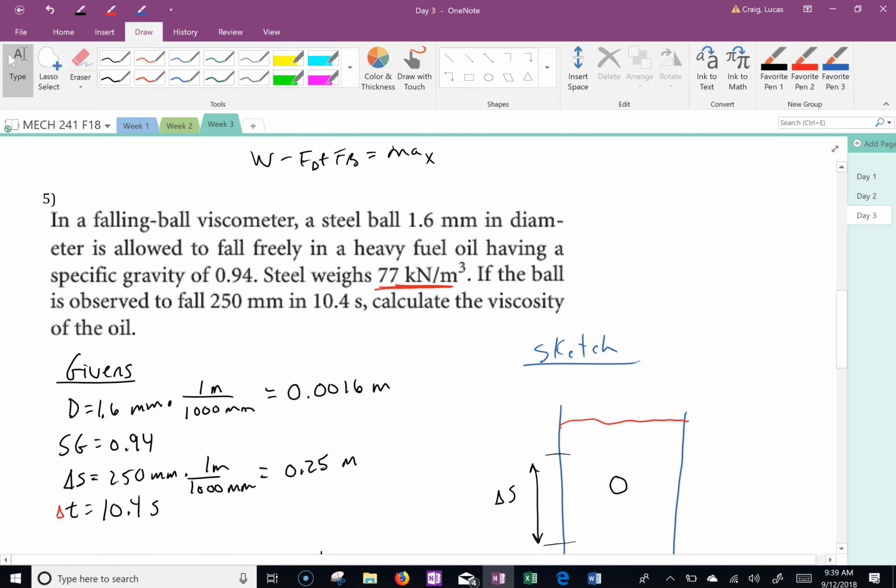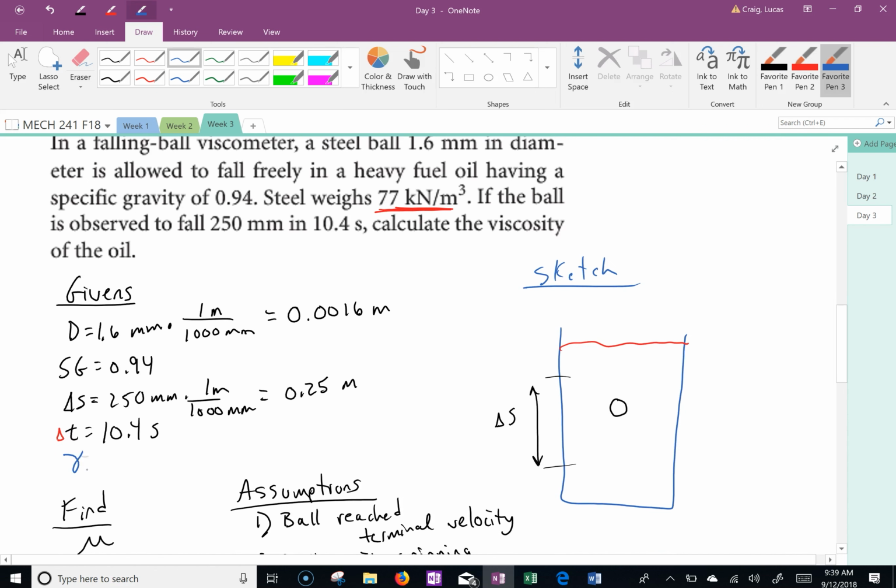That's the specific weight of the ball. Yep. So that's our new given, gamma S, 77 kilonewtons per meter cubed. And we multiply by 1,000, right? 1 kilonewton, 77, 1, 2, 3 newtons per meter cubed.